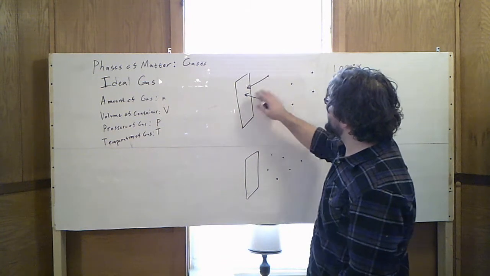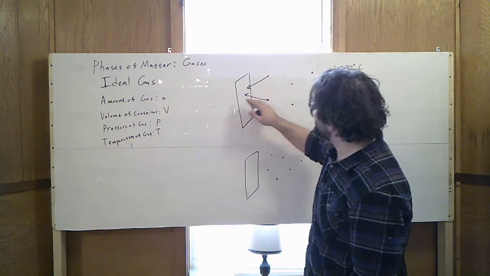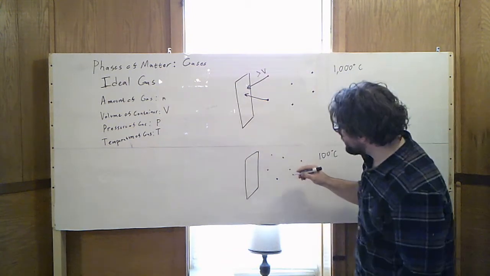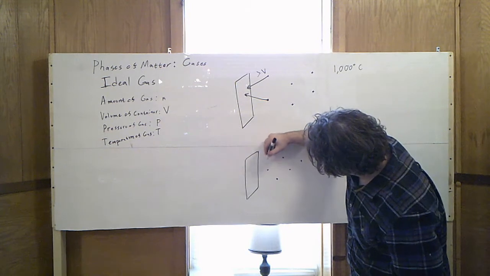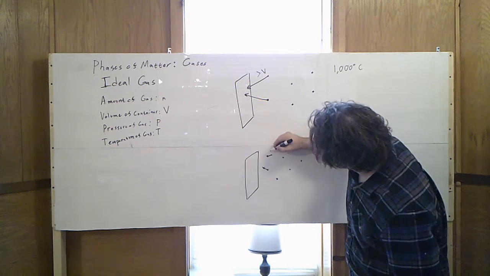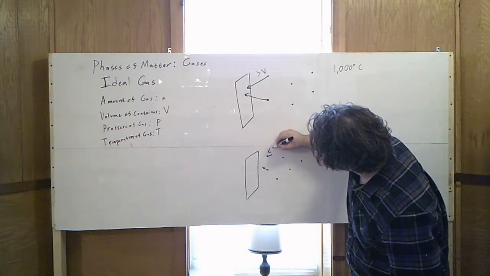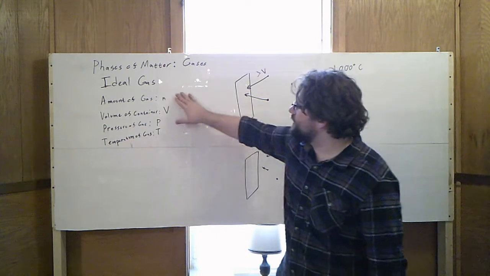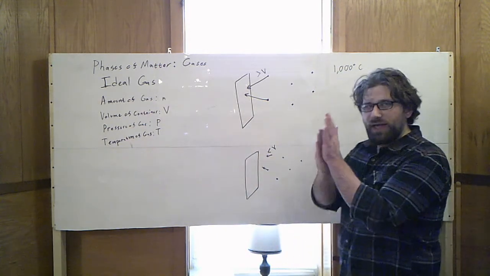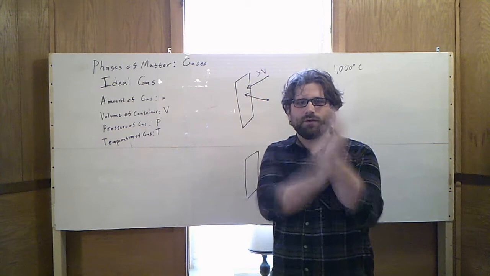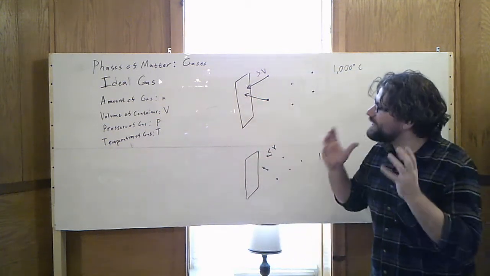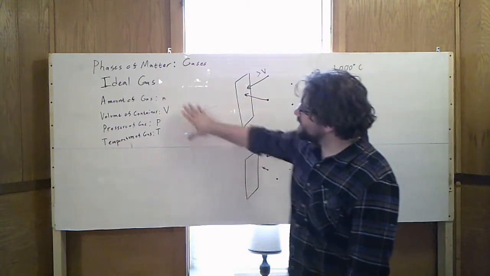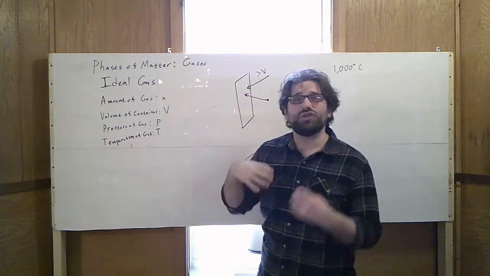So if these molecules are hitting the sides of this container with a much larger velocity or speed than these ones, which is going to be a lower velocity. Imagine how that would affect the different variables here. Imagine my hand hitting my other hand gently versus hard, it's going to make a big difference in these other variables. So what we're really going to see is that these variables actually all impact each other.